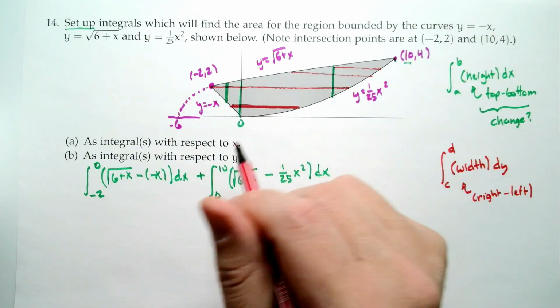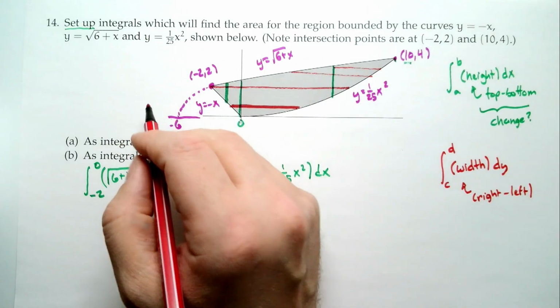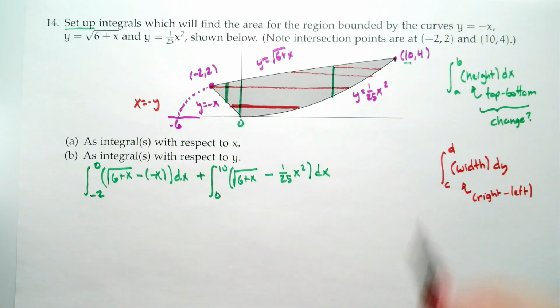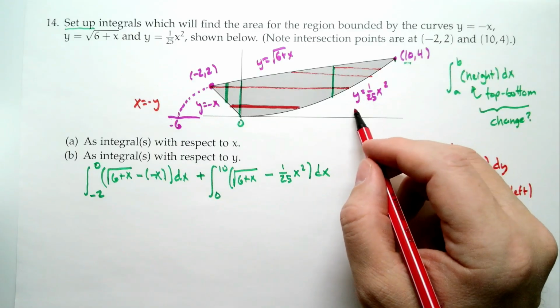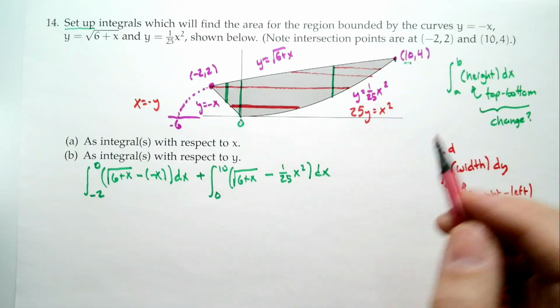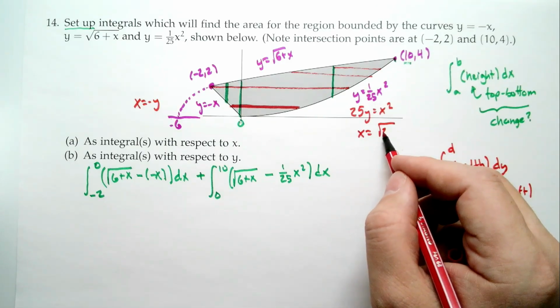We need to rewrite these as x in terms of functions of y. Well, y equals negative x, that's not so bad. That becomes x equals negative y. Y equals 1 over 25 x squared. Well, multiply by 25. 25y equals x squared. And then take the square root. x equals square root of 25y.